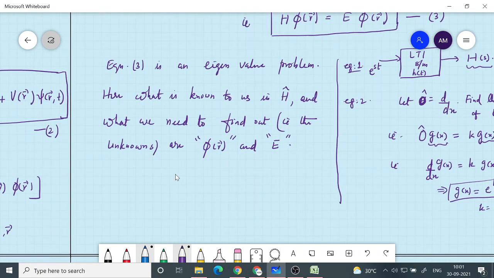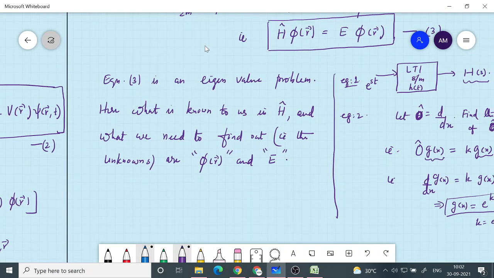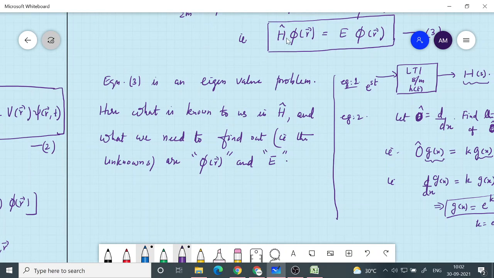Even in this subject also, we have an eigenvalue problem given to us, the operator is known to us, but we need to find out the corresponding eigenfunction and eigenvalue. So once you solve this and find out these, then everything is known about the problem. Whatever can be known about the problem can be found out from these two.